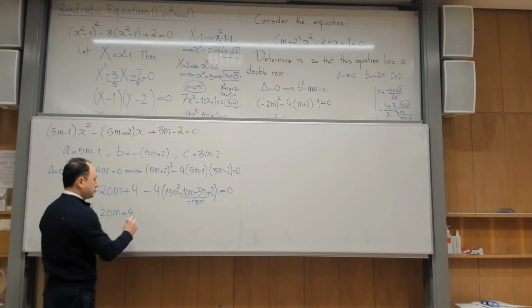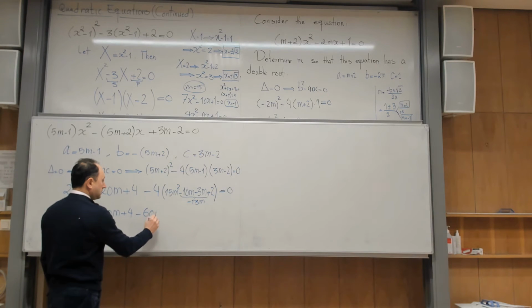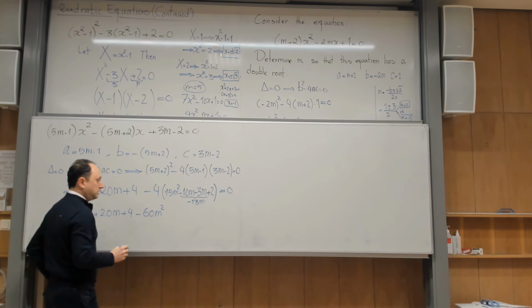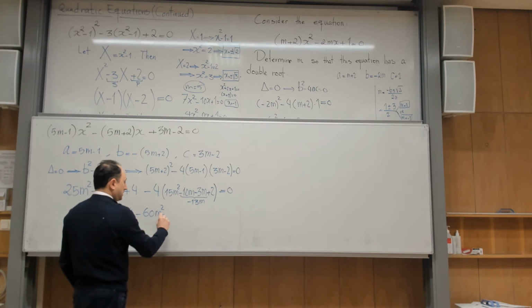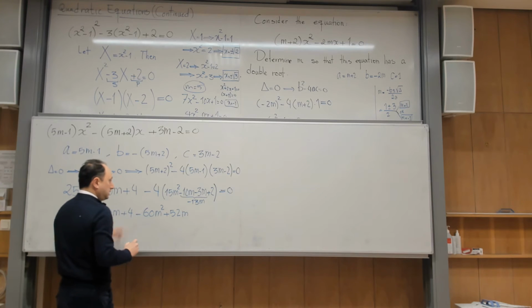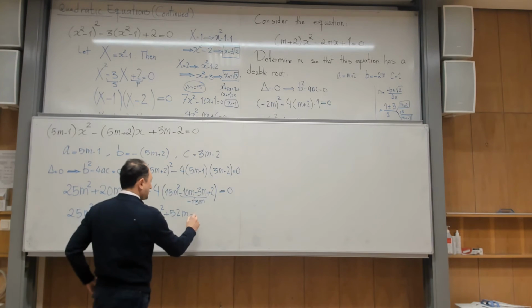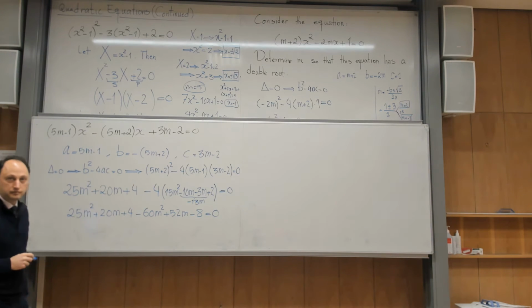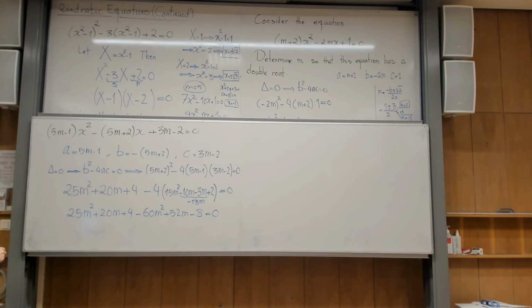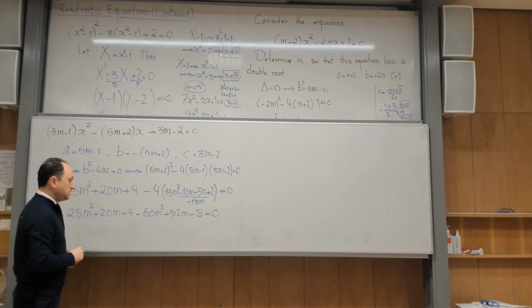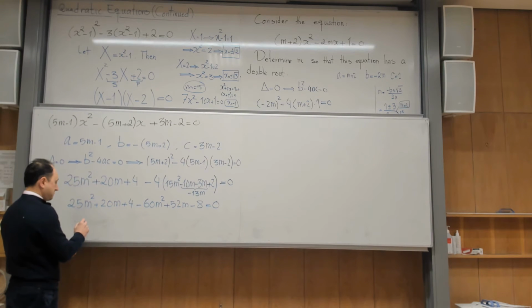Minus 4 times 15 is minus 60m squared. Minus 4 times minus 13 is what? Positive 52m. And then I have minus 4 times 2 is minus 8 equals to 0. I have to continue simplification. 25m squared minus 60, it becomes how much?